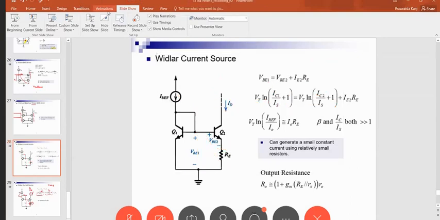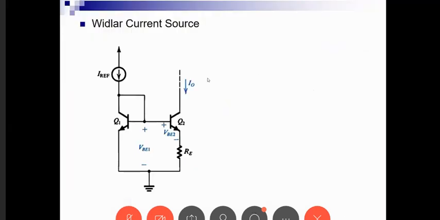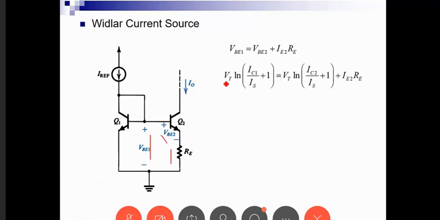Okay, so now if we repeat this, what we started with is that the VBE is equal to VBE plus IE times RE on those two sides. Then we said that the VBE as function of IE is a logarithmic function. We said that this is my I reference, and that this is approximately my IO, because we assume that beta equals 0.